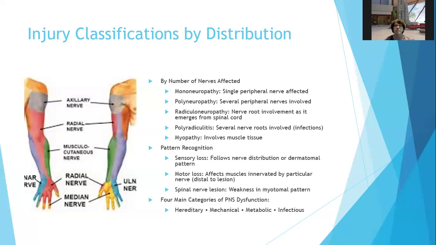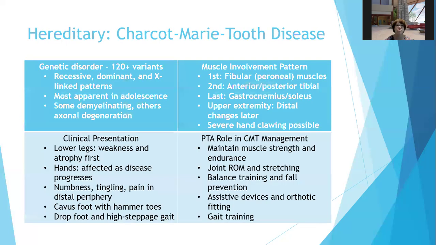So four main categories of peripheral nervous system dysfunction include hereditary, mechanical, metabolic, and infectious. An example of a hereditary peripheral nerve dysfunction is Charcot-Marie-Tooth disease. Charcot was a French neurologist in the 1800s, and a lot of neurological diseases are named after him because he's the first one that identified them.